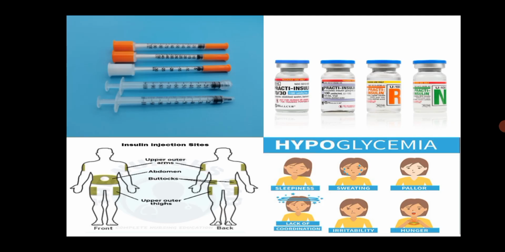Remember, regular insulin, the short acting example, is clear and administered IV. But intermediate has a cloudy appearance and is longer acting compared to the other one. This one is cloudy, the other one is clear.